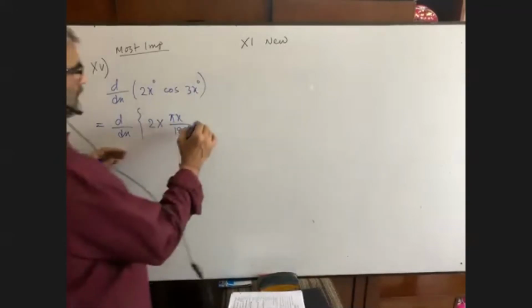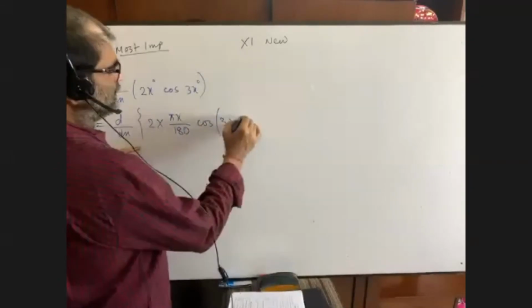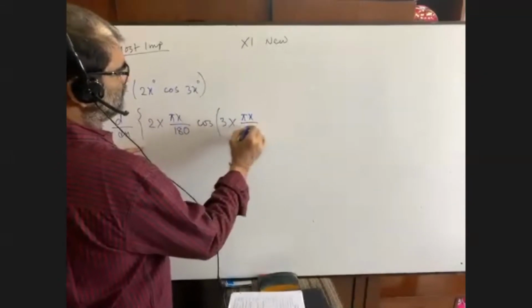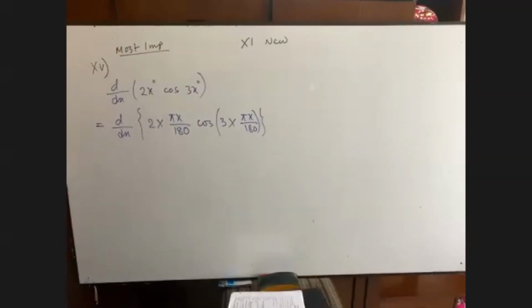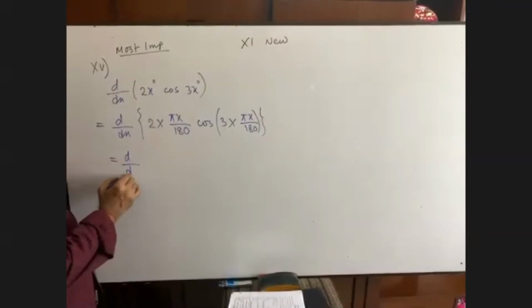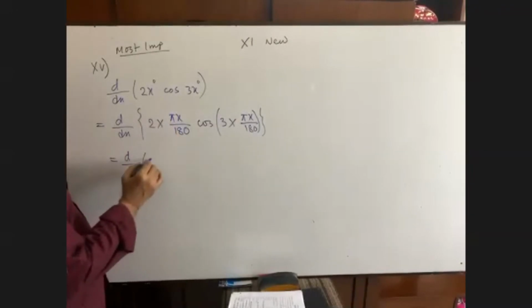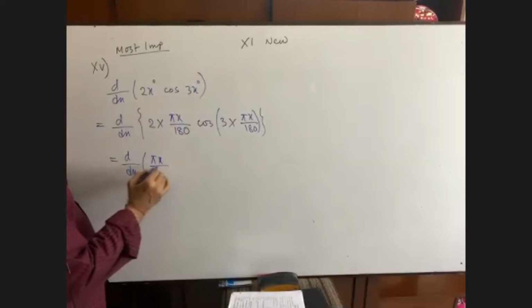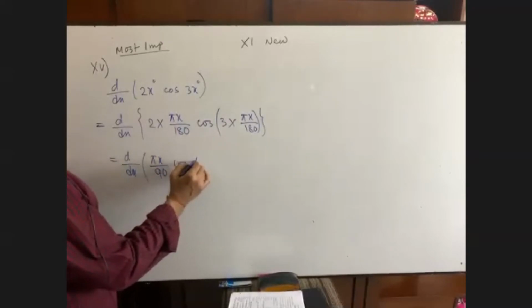Then cosine 3x degree. 3 into x degree equals to what? Pi x by 60. I think you have got it, right? That means d by dx of pi x by 90 cosine pi x by 60.